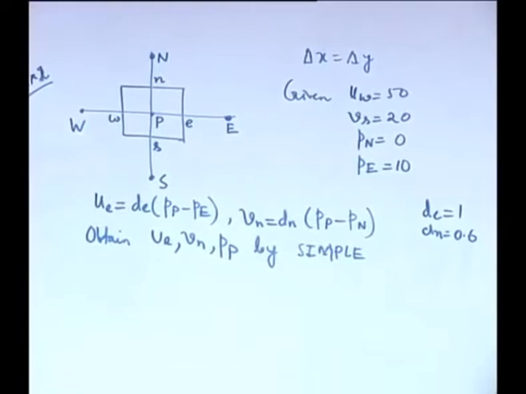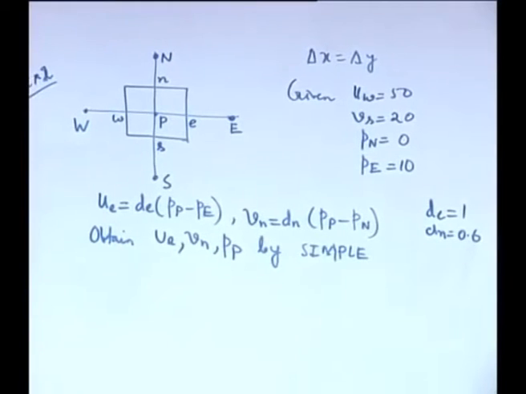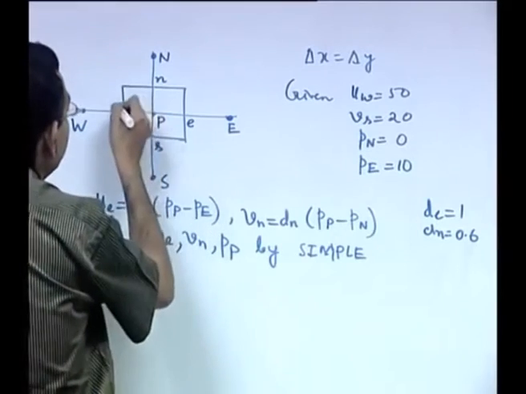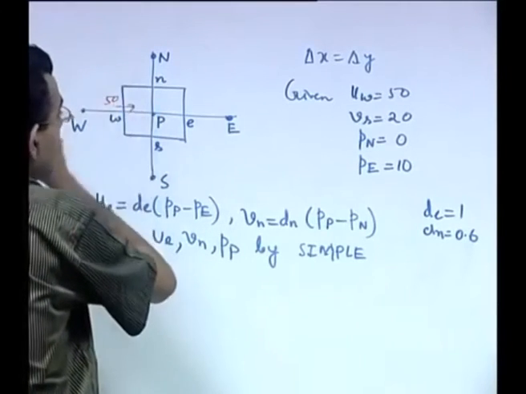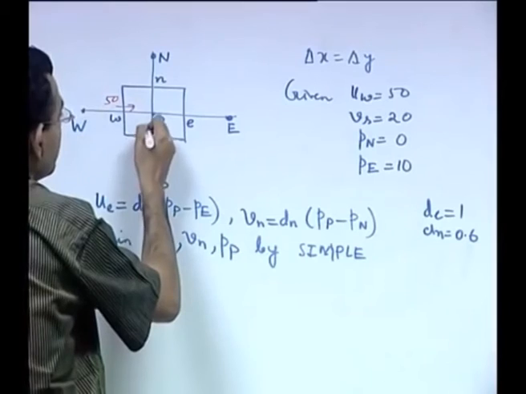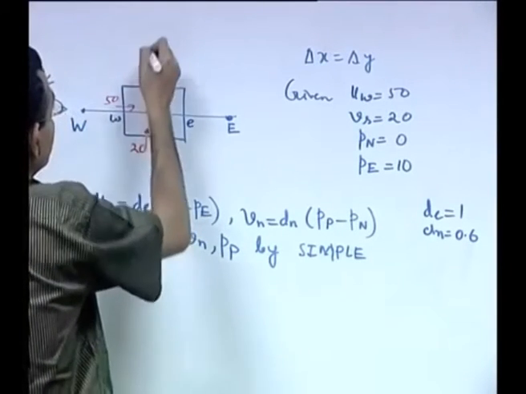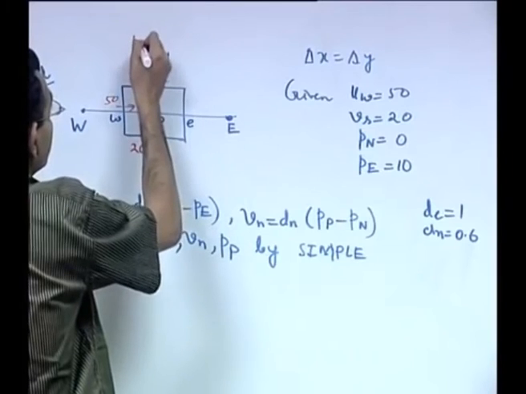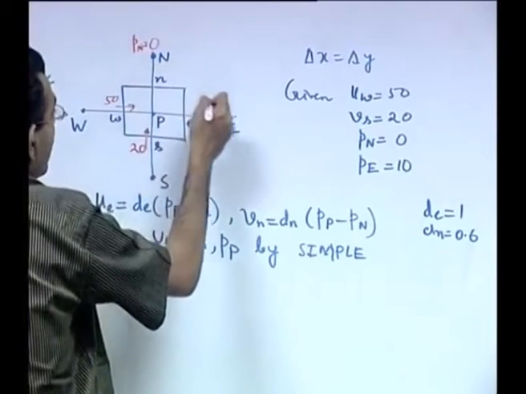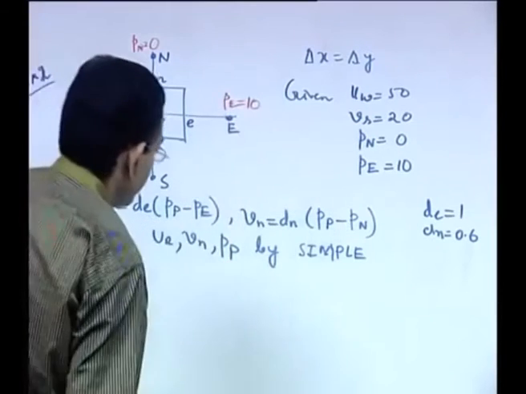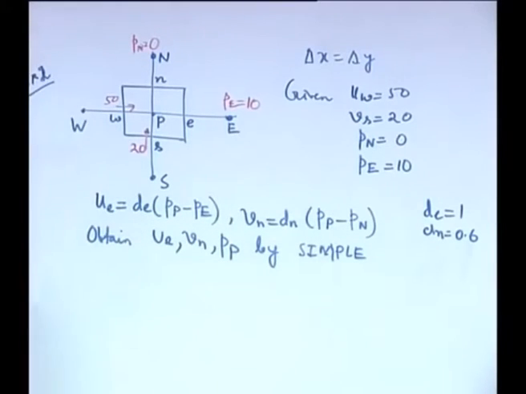So, let us just mark in the figure what are the parameters given. Uw equal to 50, Vs equal to 20, Pn equal to 0 and Pe equal to 10. So, what will be your step 1?